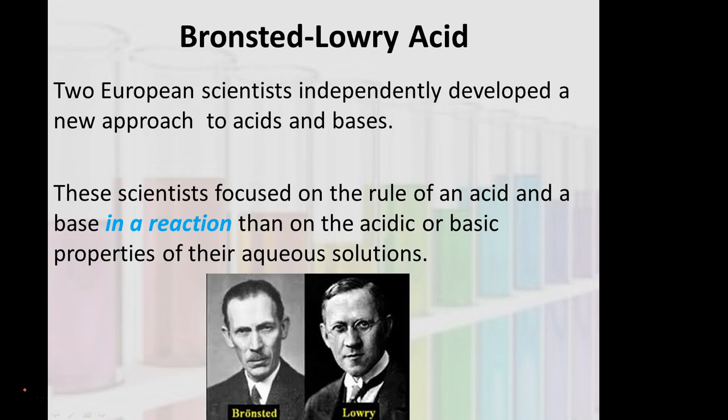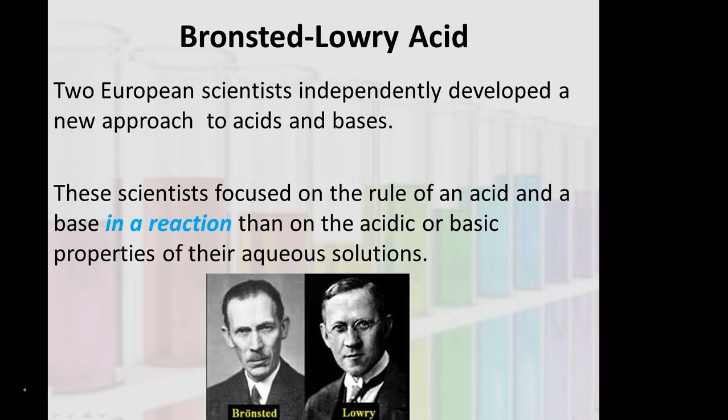Today we're looking at the Bronsted-Lowry theory, and both of these guys independently, in different parts of the continent, came up with a theory of how acids and bases work. Rather than looking at what everybody else is looking at, they look at how acids and bases perform in a reaction, rather than just looking at their properties, like what they taste like, what their pH is, all that kind of stuff.